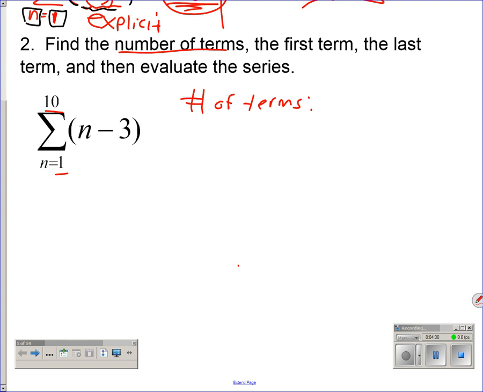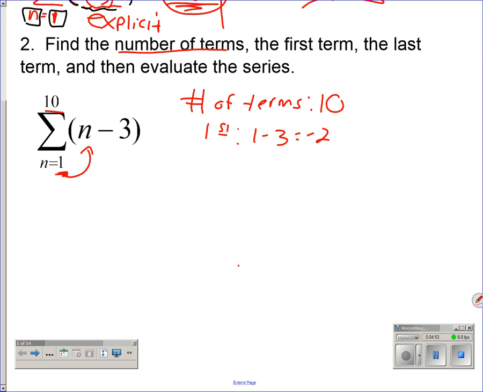That's 10 numbers. All right, what's our first term? Exactly. So if I want to know the first term, you plug in that bottom number for n, right? So that's like having 1 minus 3, -2. Our first term in this pattern is -2.